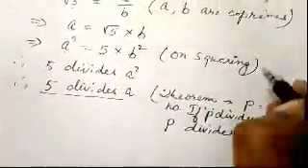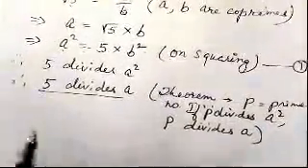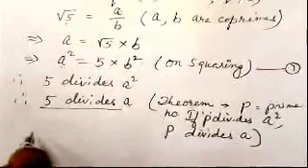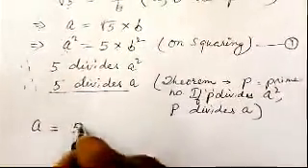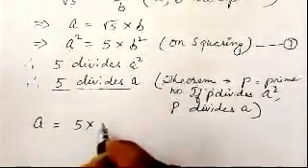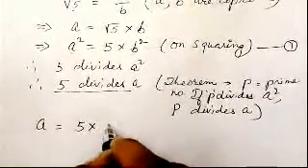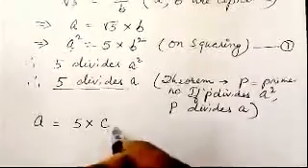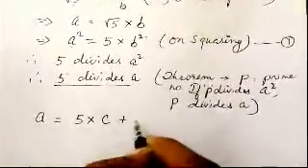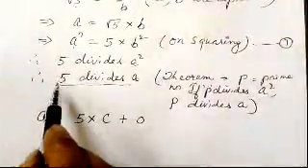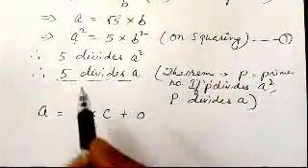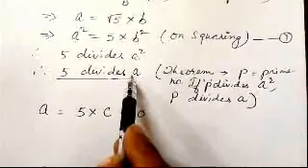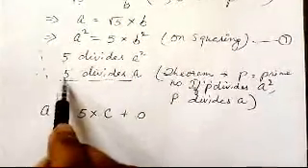Now this is the first equation. 5 divides A we have taken. That means it can be written as A equals 5 into some quotient. Let us take it as C. Plus remainder should be 0. This statement we have written in expression form. 5 divides A means A is exactly divisible by 5.